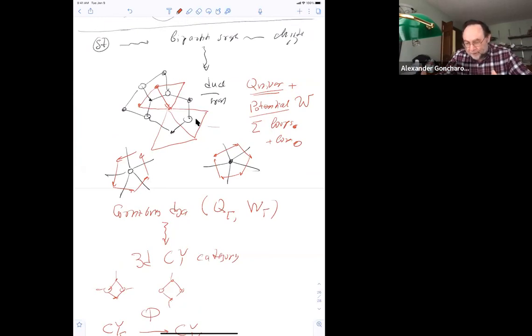In the end of the day, they're like a local system. It's like a representation of some extension of the wild mapping class group, but of course not a representation: it's a local system of these Calabi-Yau categories on the classifying space of this mapping class group. So you can ask what is the role of this local system of Calabi-Yau categories in geometry?